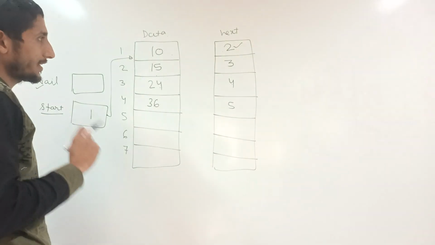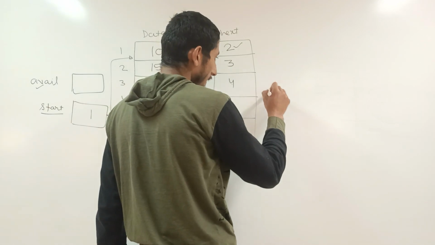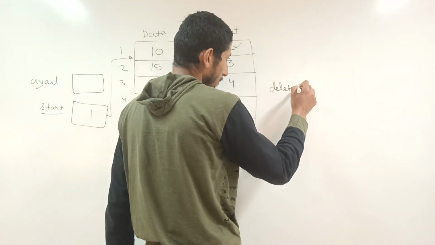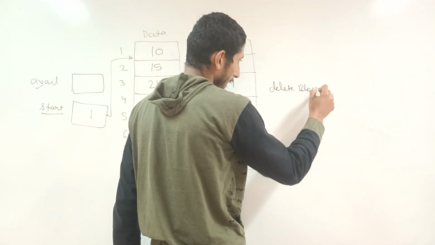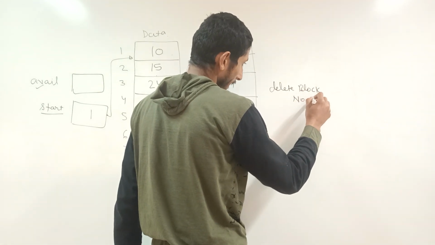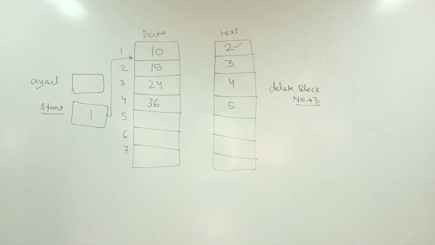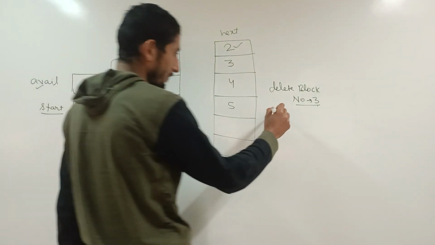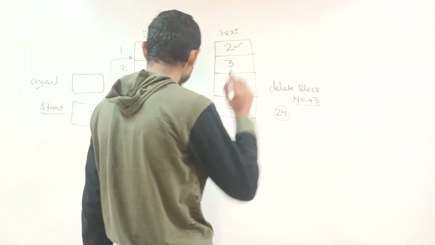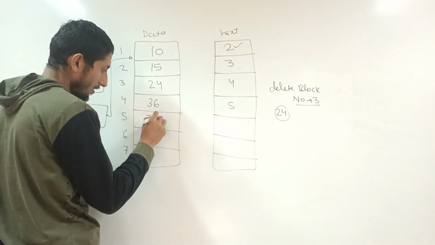Let's say someone says that please delete block number 3. Are you following that? So someone says please delete block number 3, it means 24. Let's say I have a couple more elements like this.